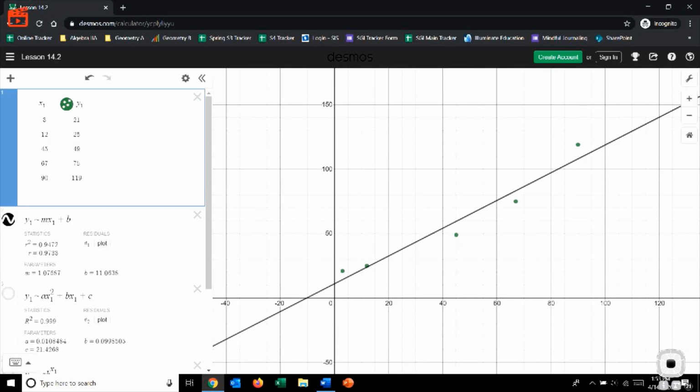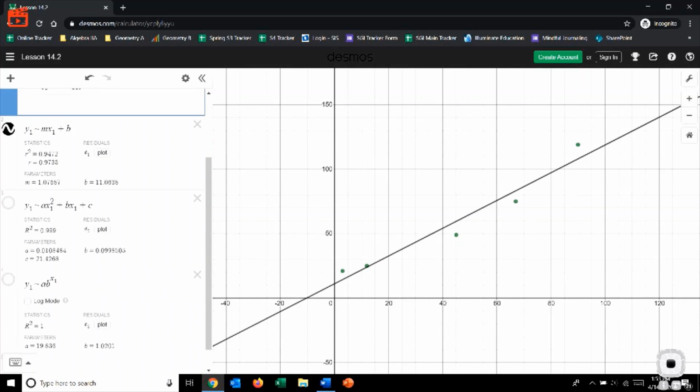What we want is this value to be equal to 1. The closer this value is to 1, the better the points match that model. If you look at this linear function, there are a few points that are not on the line, but it could be a linear function.